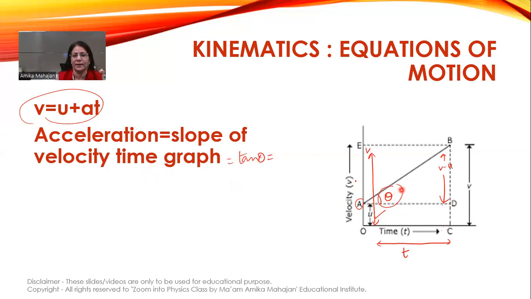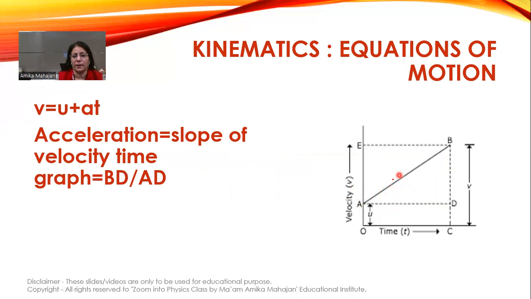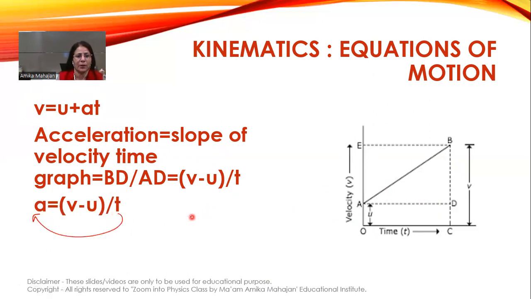What is tan theta? Perpendicular upon base. What is perpendicular here? BD. What is base? AD. So in place of BD, what can I write? V minus U. And in place of AD, I can write T. So in this way, A is V minus U by T. Now, after rearranging the terms, this T can be taken to the other side by cross multiplication.